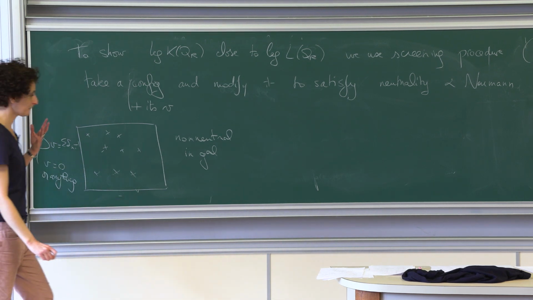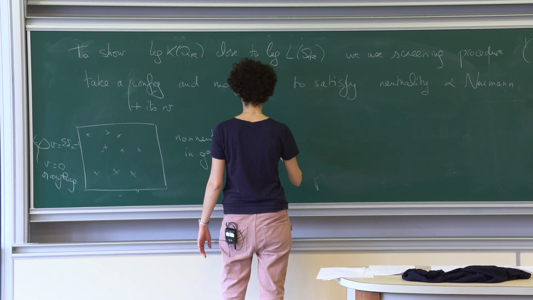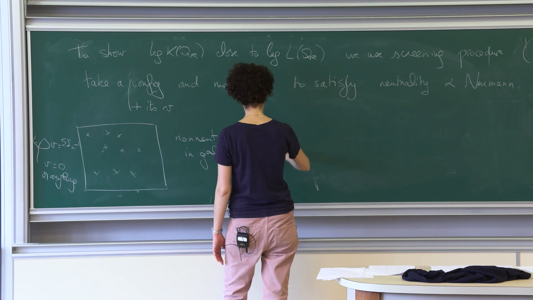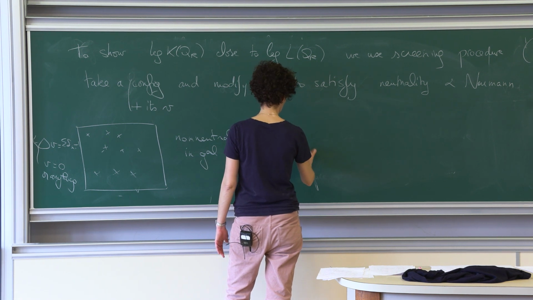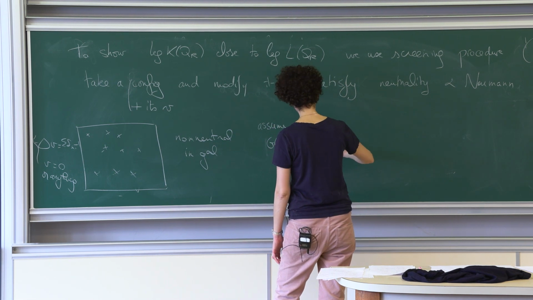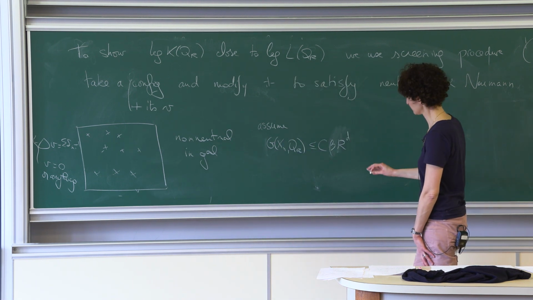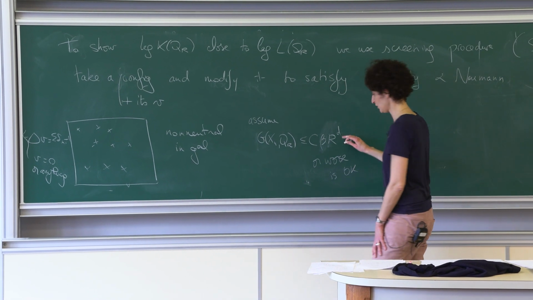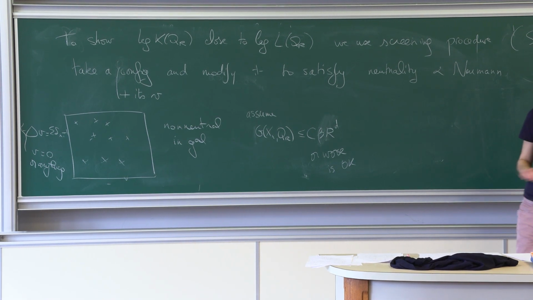You're going to assume you do have some control of the energy on the box. Assume the energy, what is called our energy, G, we control by something not too bad, maybe C R^d, or you can actually accept something worse. It doesn't need to be R^d, it could be R^(d+1) or R^(d+2), as long as it's a reasonable power.